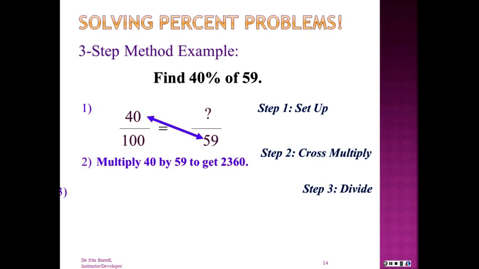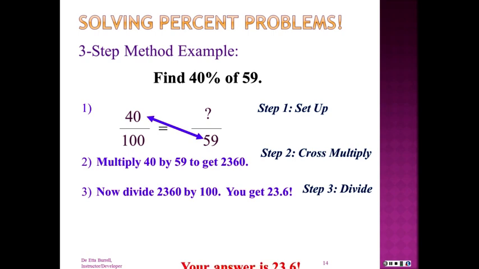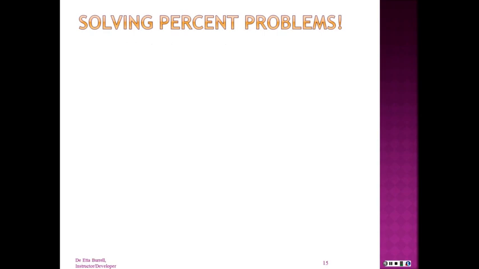Divide by 100, which will be 23.6. To check this, you would just put 23.6 in and cross multiply, and you should get the same product. You don't even have to ask me if you're right. You can check your own answer. I love it. I love when you guys can check your own answers.